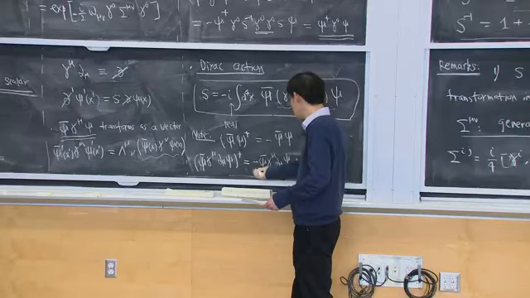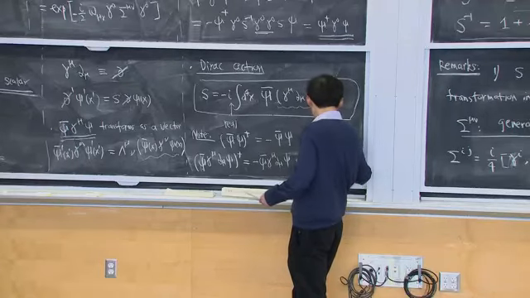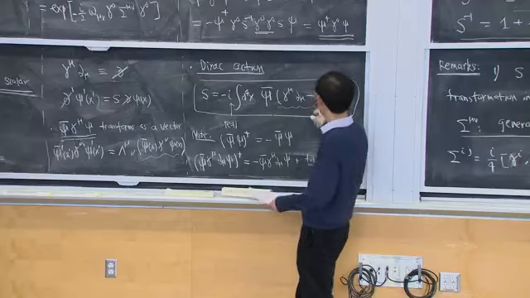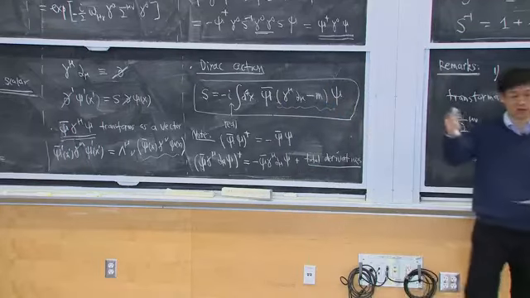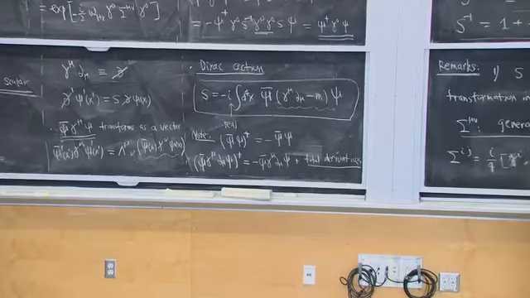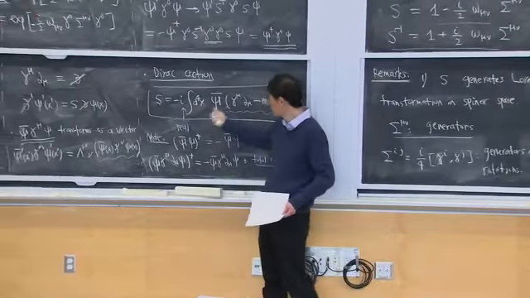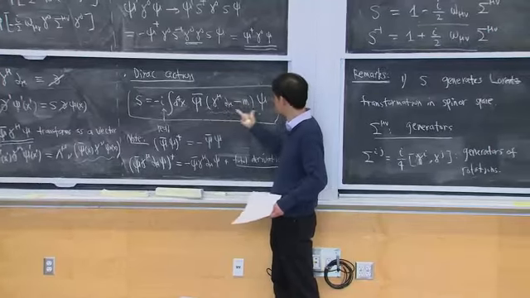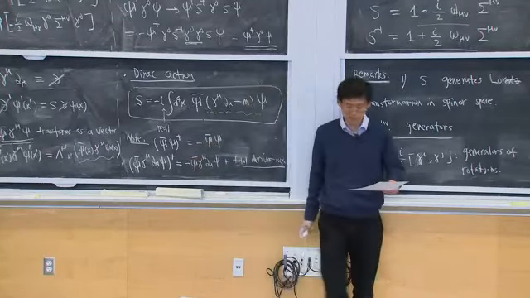So this one is not exactly a minus sign, but you have to throw away some total derivatives, which, when you plug into the action, give rise to boundary terms, but we will always assume the fields vanish at infinity. That explains why you need this i, because when you take the complex conjugate of the quantity here, you always get the minus.